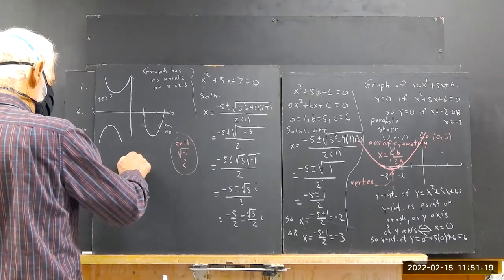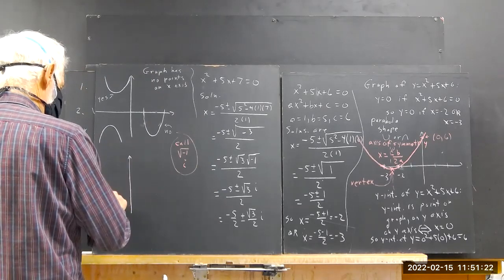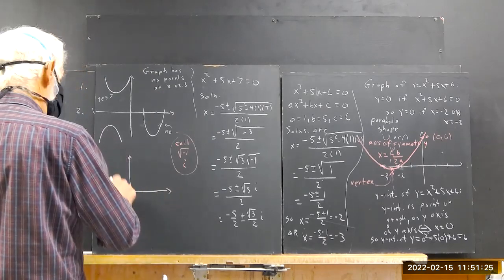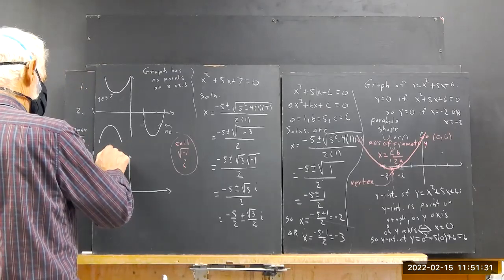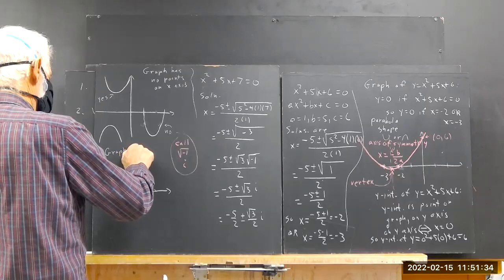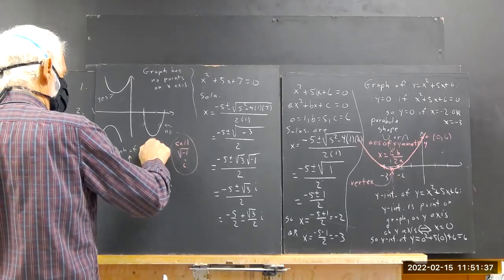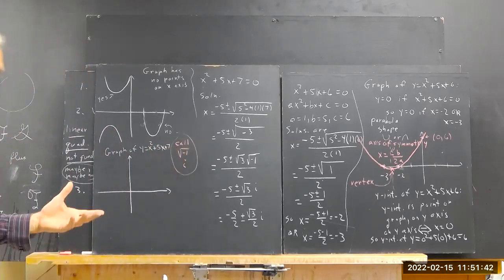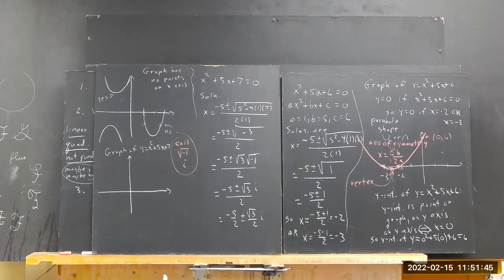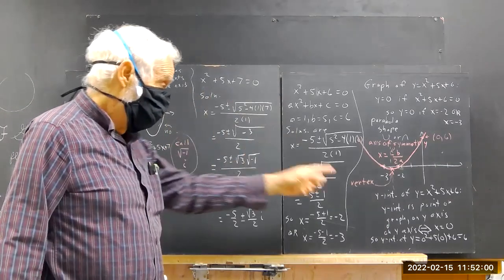Okay, so what's the axis of symmetry and what's the y-intercept? Can you draw me a set of coordinate axes and show me where the y-intercept of this graph would be? How do you get the y-intercept?